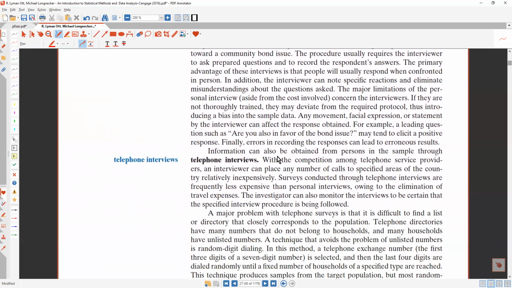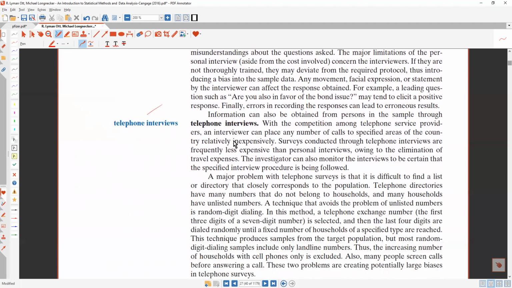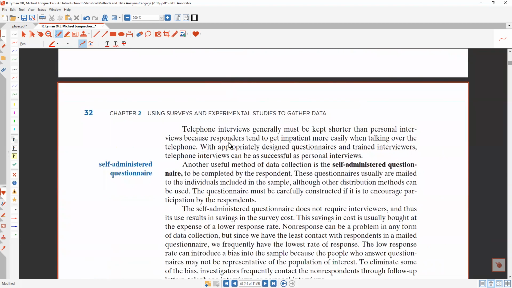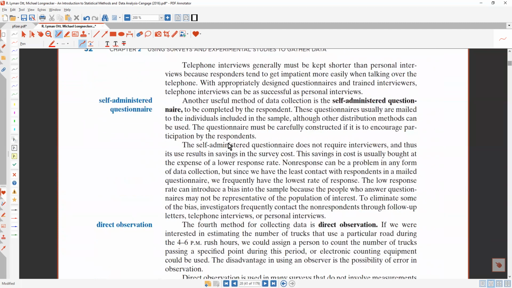We've talked about telephone surveys. You can read more up on that to hear what the book has to say. The self-administered questionnaire, we see these online a lot, and most questionnaires online are not very scientific, so you cannot take the results very seriously. But sometimes questionnaires are mailed or sent through email to participants to fill out.